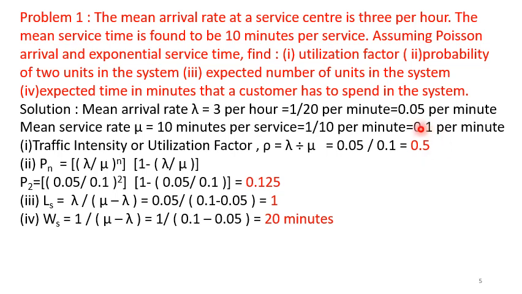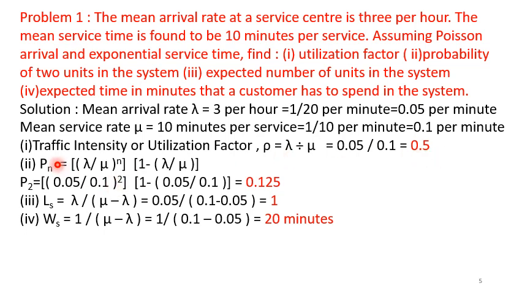So 50% of the time the system will be busy, which means 1 minus 0.5, another 0.5, the system is idle 50% of the time. There are two things: one is the system being busy, another is the system being idle. Each one is one minus the other. So traffic intensity or utilization factor rho is equal to 0.5, or it can also be expressed as a percentage, 50%.